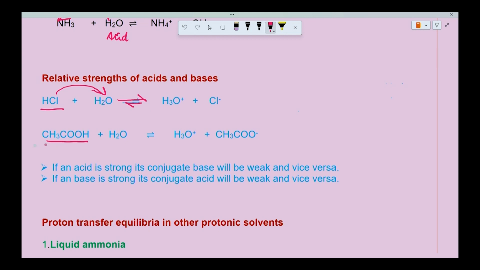While when I take acetic acid and put it in water, of course, acetic acid donates a proton to water to get converted into H3O plus and acetate ion, but the reverse reaction occurs to a greater extent. That is, protonation of acetate ion and its conversion into acetic acid occurs to a greater extent, while the forward reaction occurs to a smaller extent.